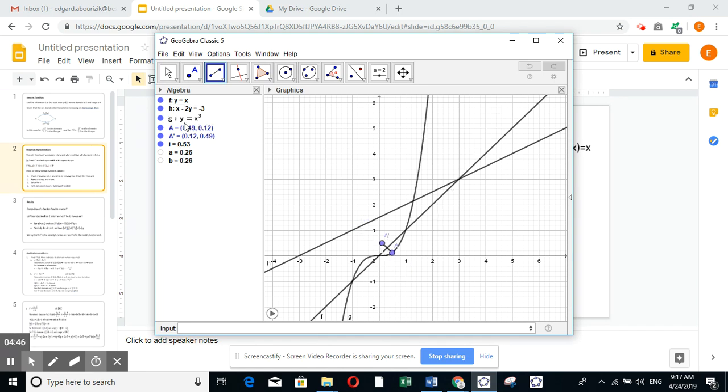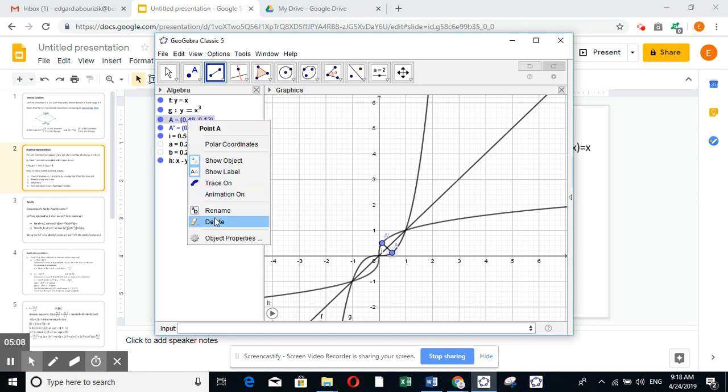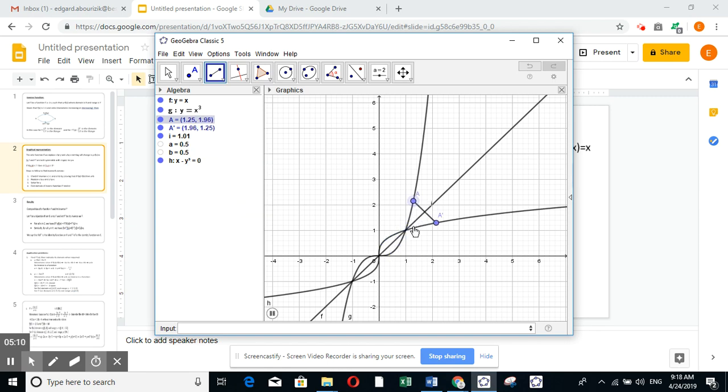If you want to replace here, we're going to replace x equals y cubed. You replace x by y and y by x. You're going to see also both are symmetric with respect to the line y equals x, as you can see, and you have the same distances between the two.